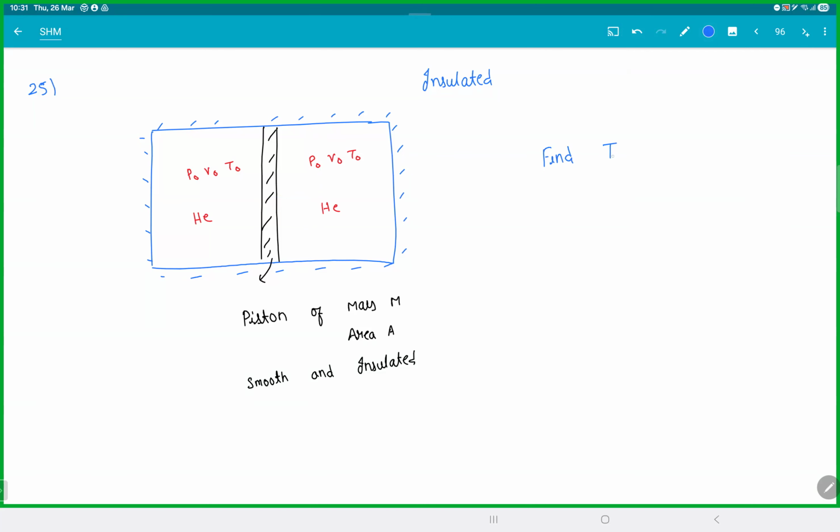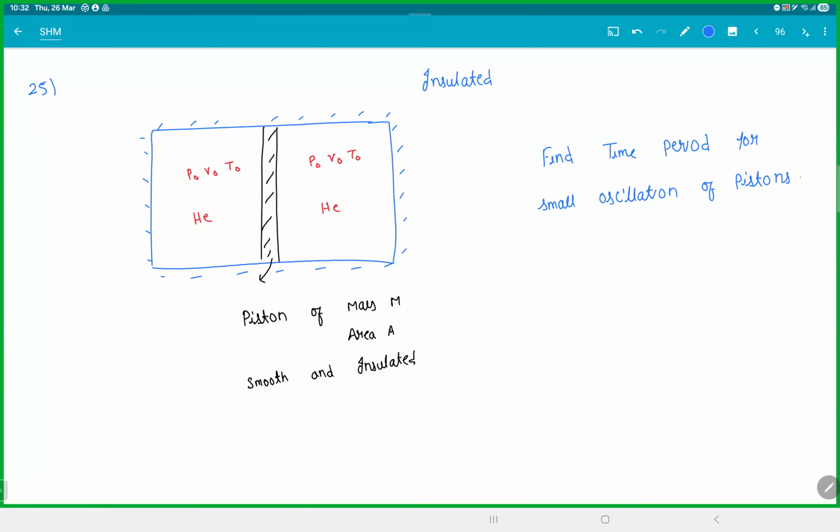Finish off, last one for the day. So don't think every time they'll ask in springs only. You can play around. This is what I was saying. You can literally bring any chapter into SHM. Again, small oscillations, okay? Too much oscillations, it will not be an SHM, it will be oscillatory.